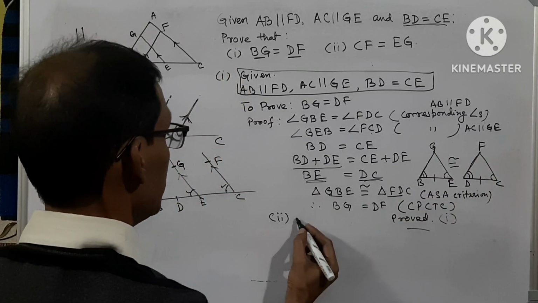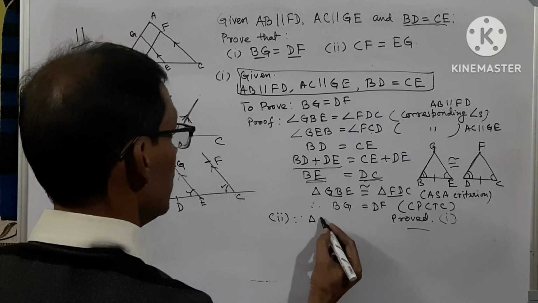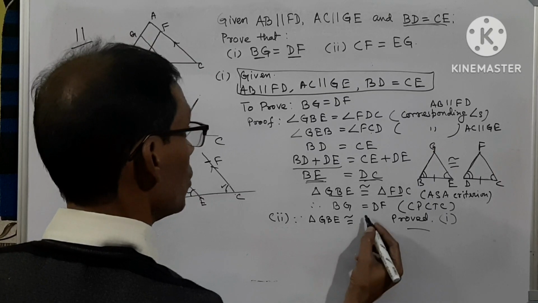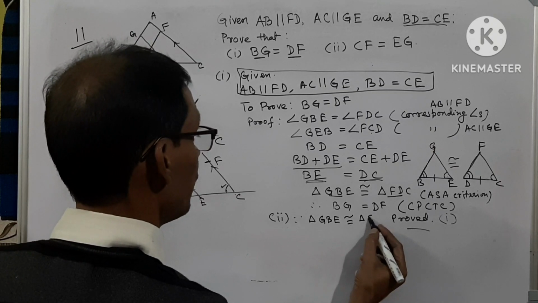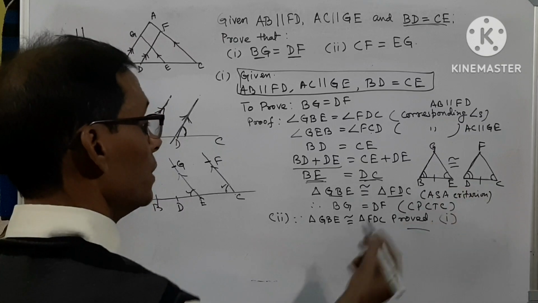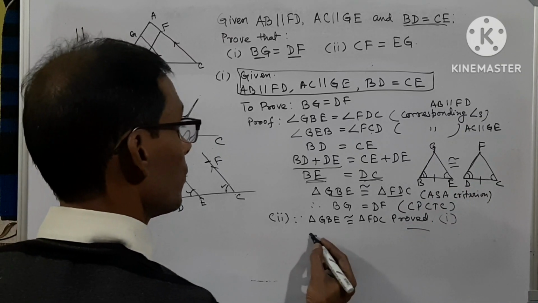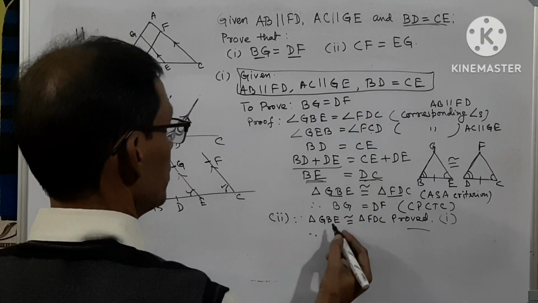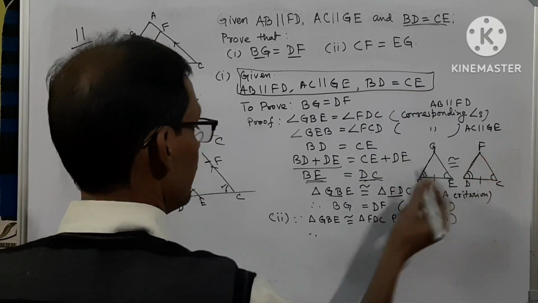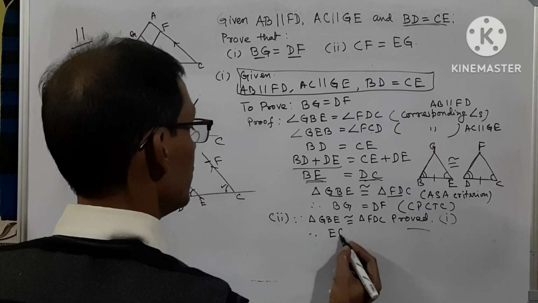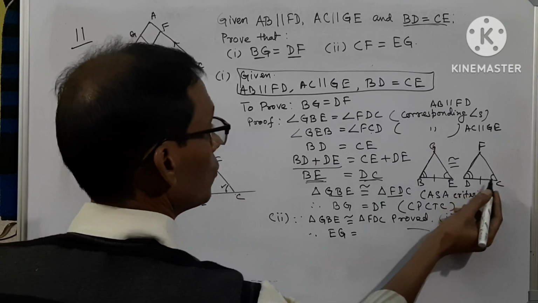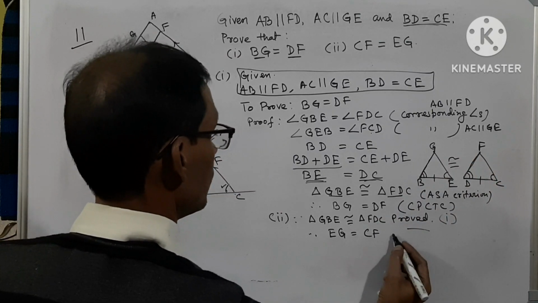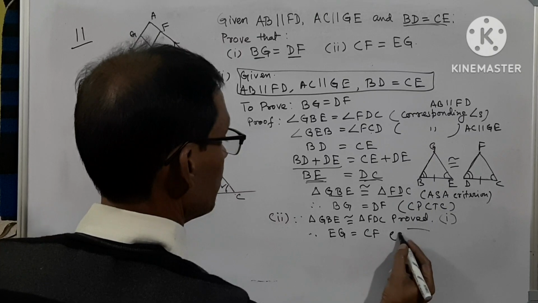So you can write, since triangle GBE is congruent to triangle FDC, proved in one, EG equals CF by CPCTC.